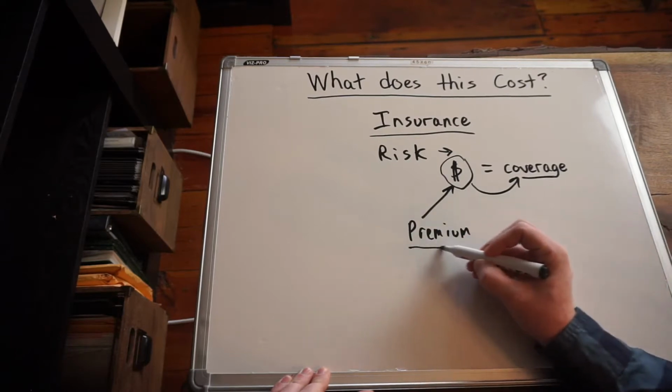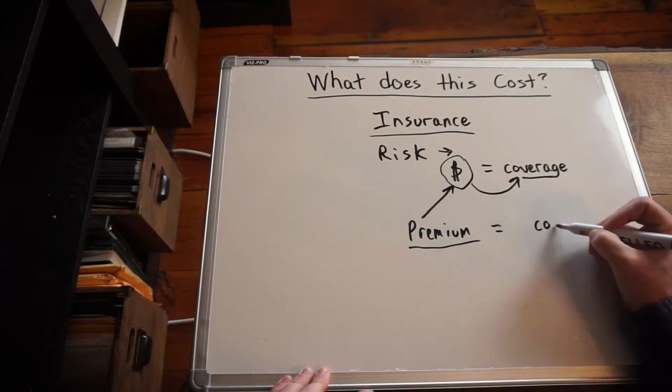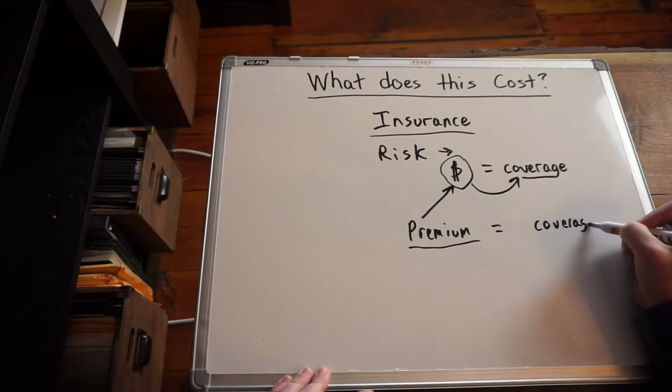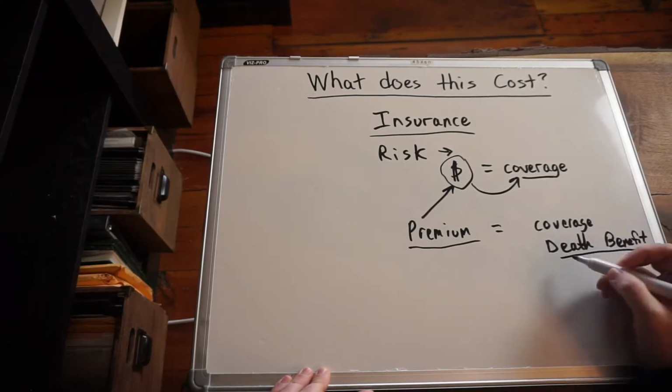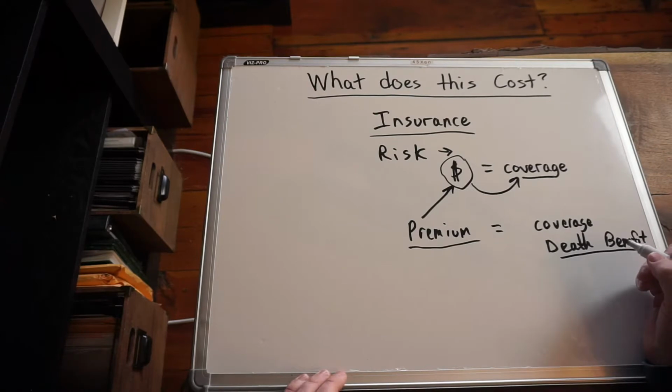When we pay this premium, the coverage that we're getting in life insurance is actually called death benefit. And death benefit is simply insuring your life, or whoever you're taking the policy out on, their life.